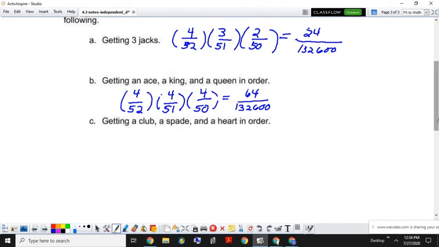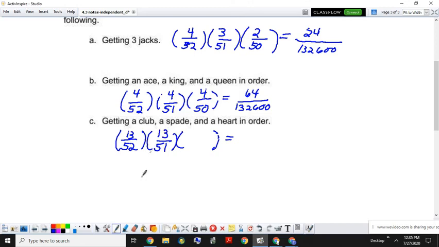Okay, last one. Here we go: a spade, a club, a spade, and a heart. 52 cards, 13 clubs. 51 cards now because we pulled one out.